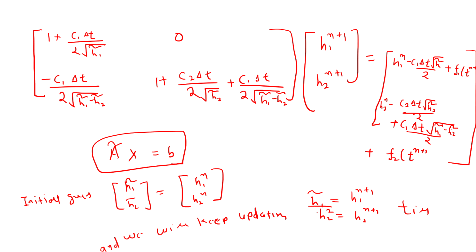So h1 tilde will become h1 n plus 1, h2 tilde will become h2 n plus 1 after each iteration, and we will check for convergence, that is h1 n plus 1 minus h1 tilde should be less than epsilon 1 and h2 n plus 1 minus h2 tilde should be less than epsilon 2. So these are my convergence criteria.